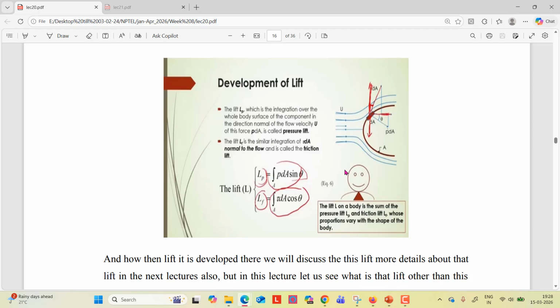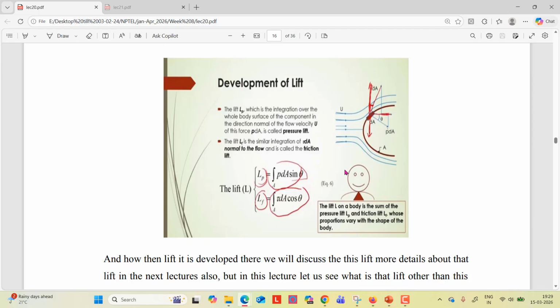So for pressure and friction drag, we have seen the component along the flow, right? In the direction of the flow, how the drag is occurring for normal pressure and for tangential stress, they are called pressure drag and friction drag.